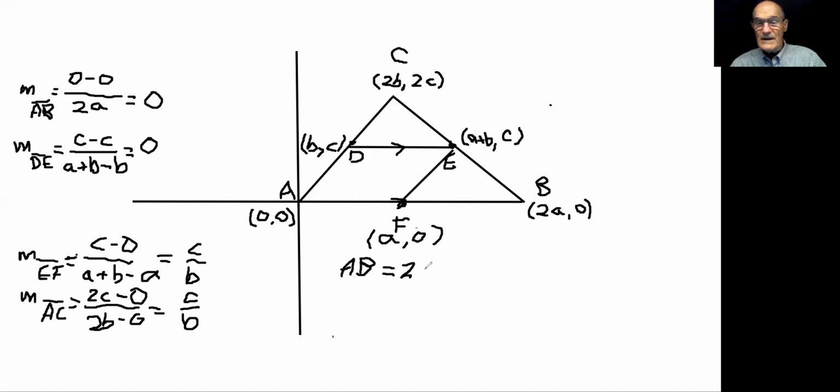So I got 2A for AB, and DE is equal to A plus B minus B, because my y is the same. So x2 minus x1 equals a. If I did the same thing for EF and AC, I would find that they are exactly the same.